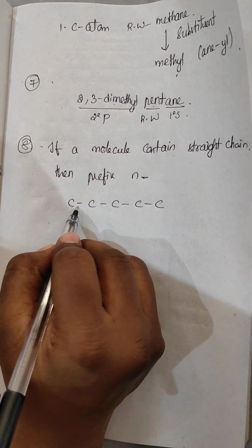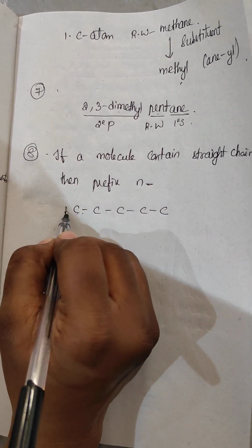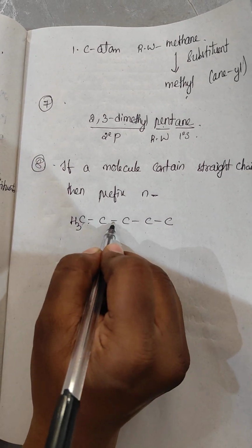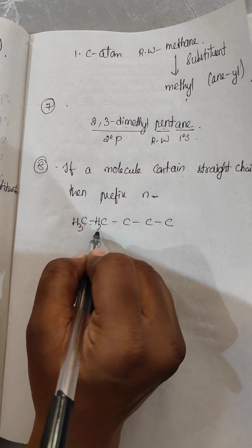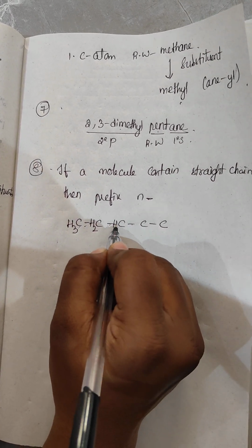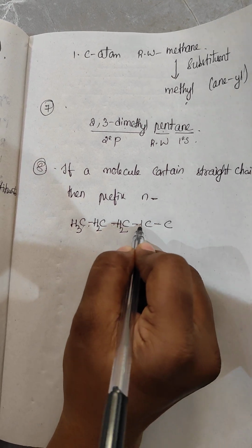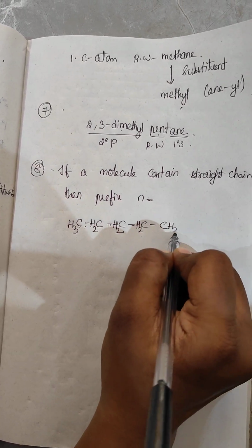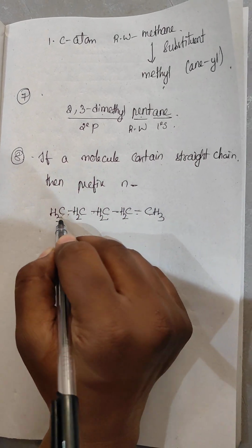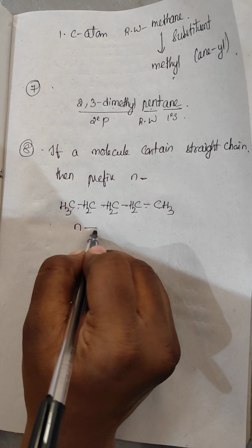Here already it is containing 1, so 3 more should be satisfied by the hydrogen atoms, and here it is containing 2. So how many hydrogens over here? 2 hydrogens. And here also it is containing 2 bonds, so 2 hydrogens. In this case it is 3 because it is containing only 1. As it is in the form of a straight chain, it should be given as n.